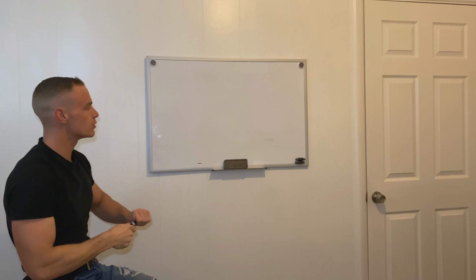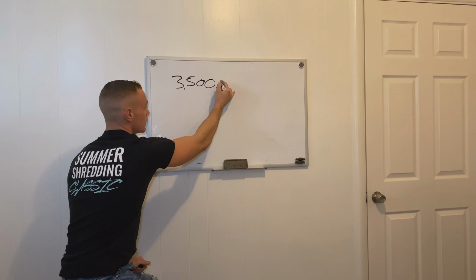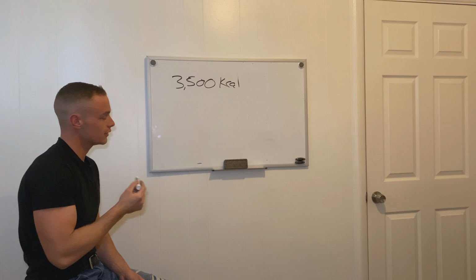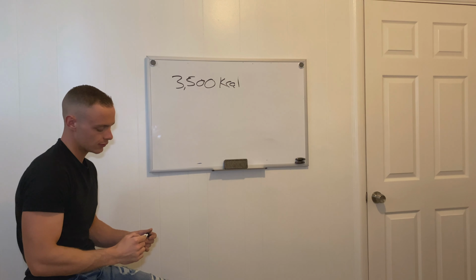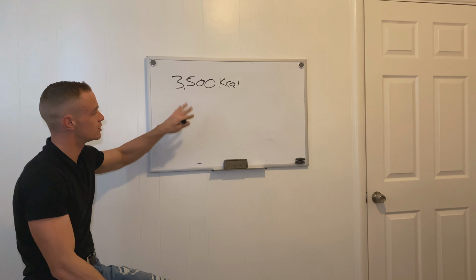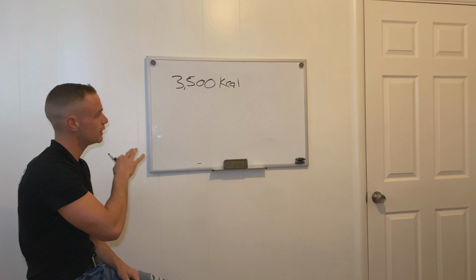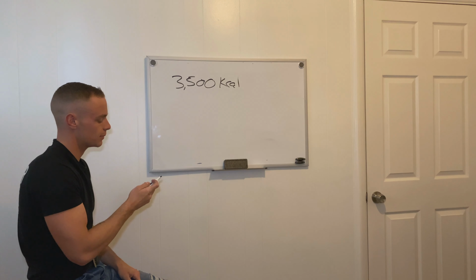So for those of you who don't know, 3,500 calories is 1 pound. Now, what you can do is split this up, because that number can be very intimidating if you don't break it down.